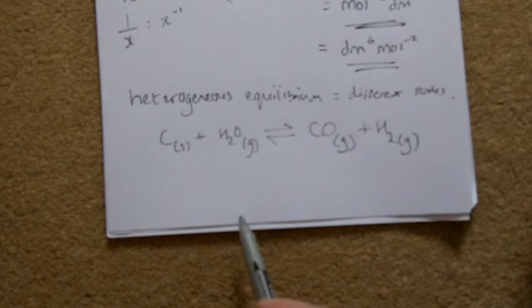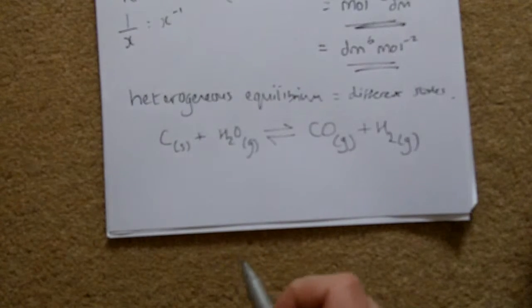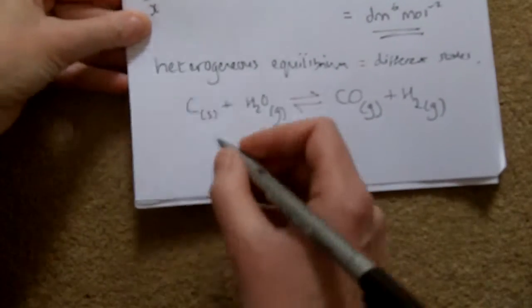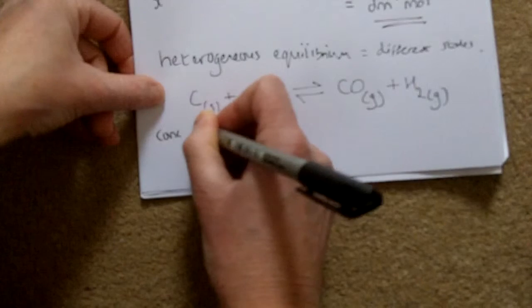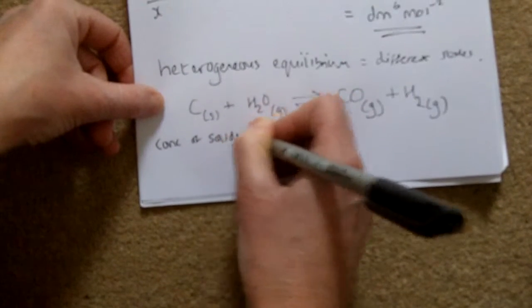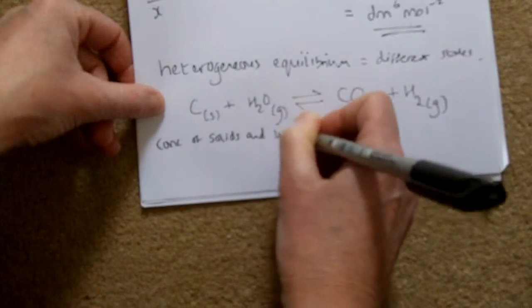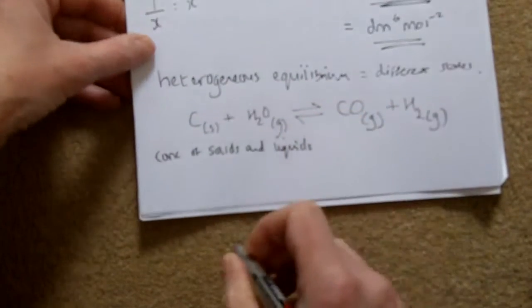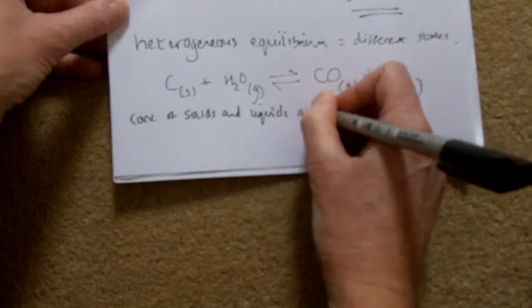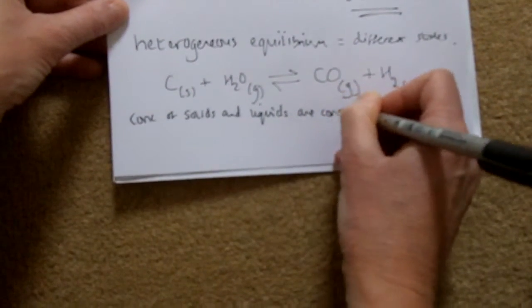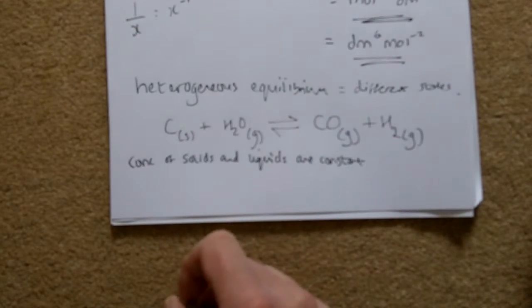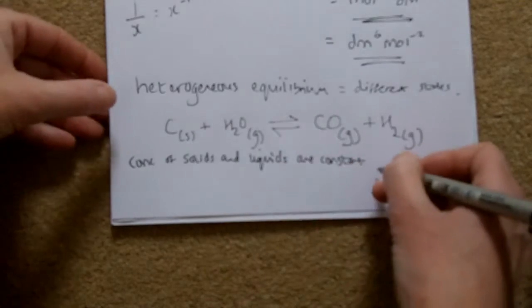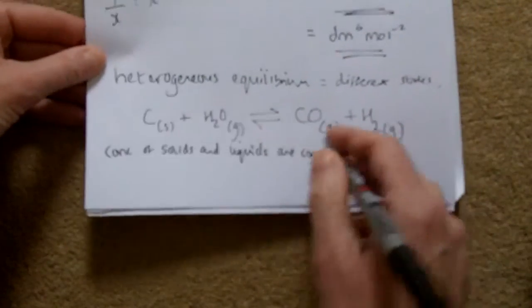Now when you're writing the expression for Kc, it is assumed that the concentration of solids and liquids are constant. It is only in the gaseous state and aqueous that change, and these have already been incorporated.